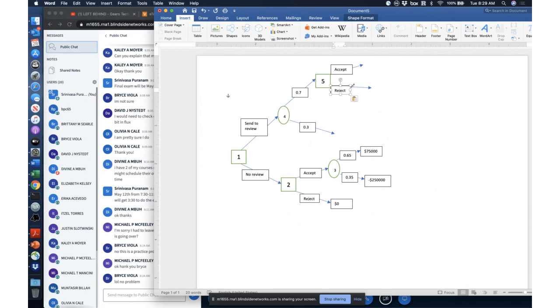Remember, this is the branch where the review for the manuscript is favorable. Right? So you accept or reject. If you accept, again, you face the state of nature of the textbook doing successfully or not.